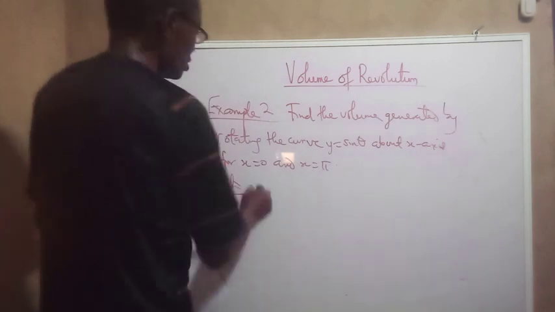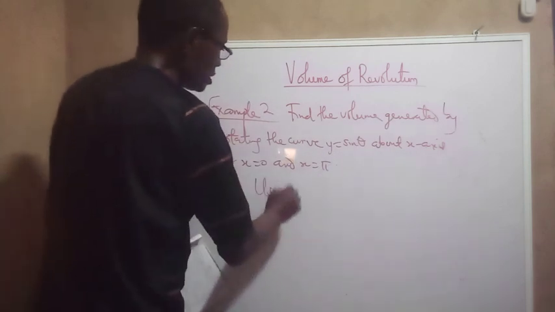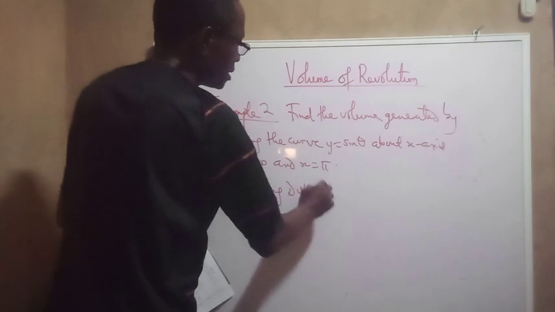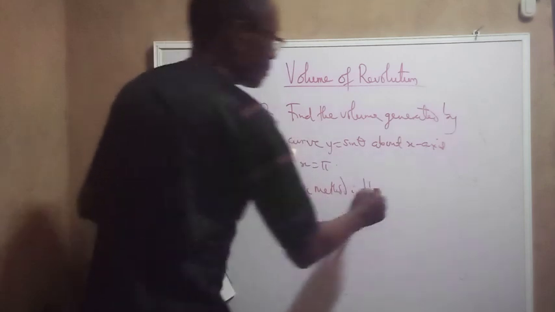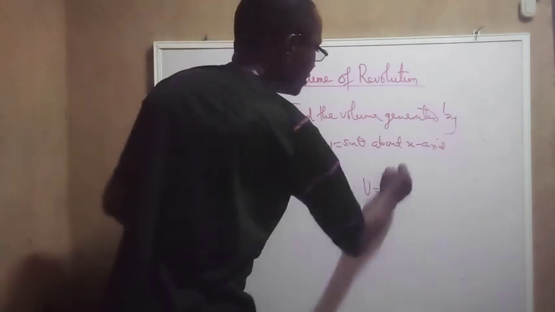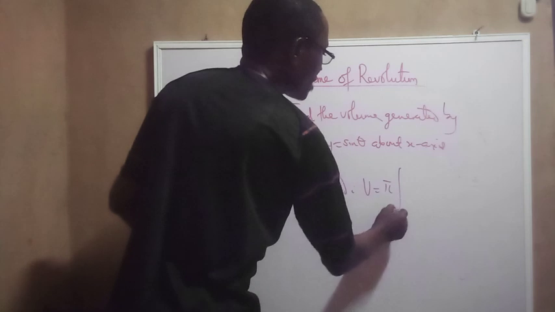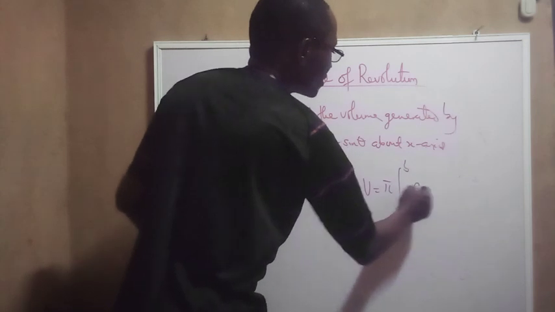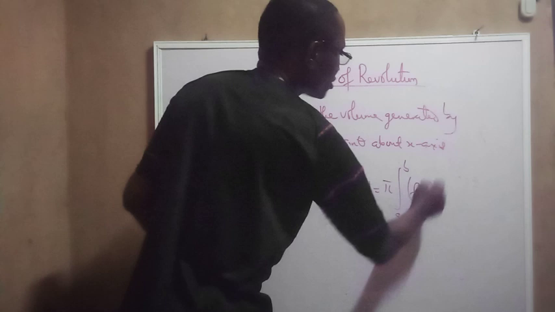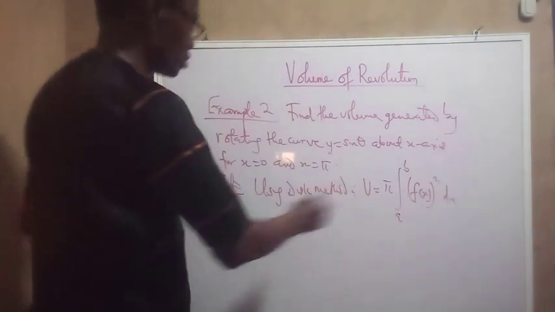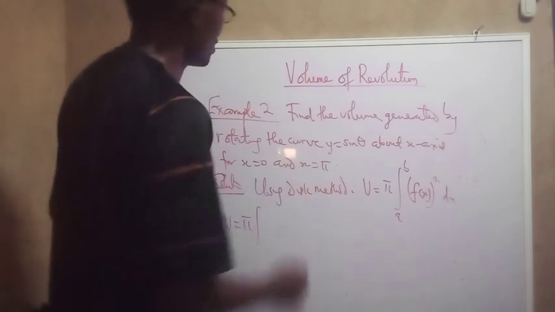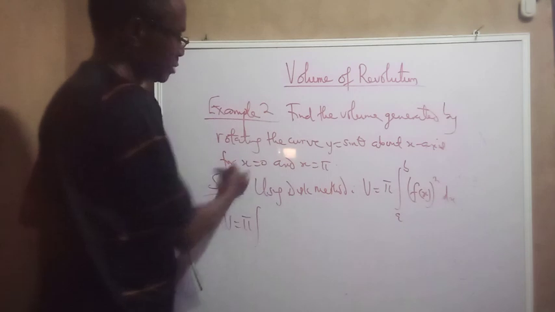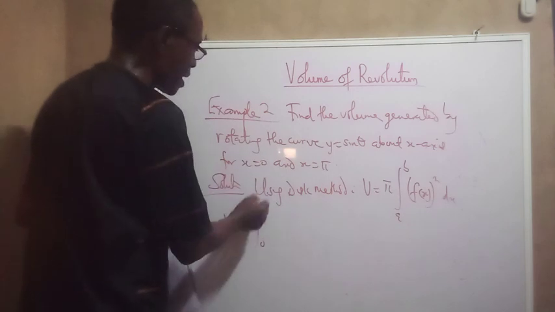So using this method, the volume of revolution is equal to pi times the integral running from a to b of the function itself squared dx. In this case, the volume is equal to pi multiplied by the integral, and we have already been given the limits of integration to be 0 to pi.